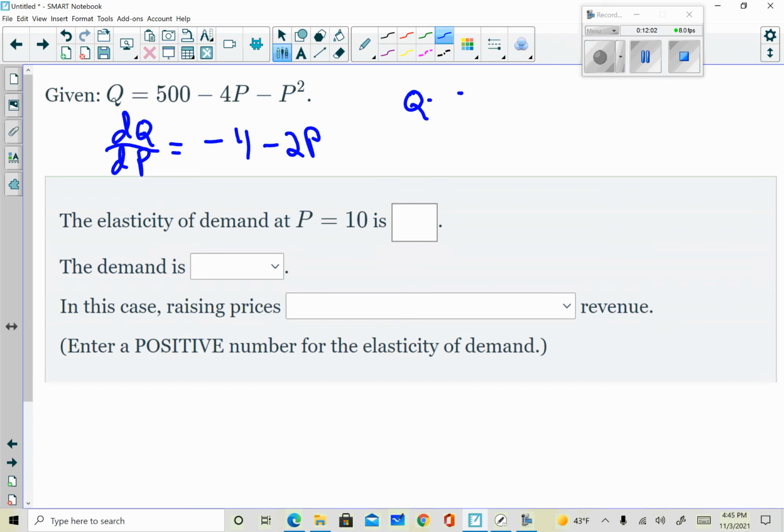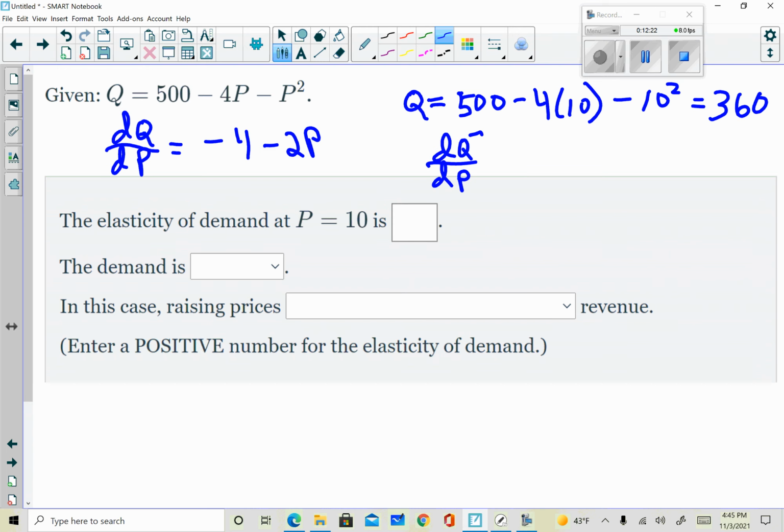Q when p is 10 is 500 minus 4 times 10 minus 10 squared, which is 360. We also need the derivative of q with respect to p when p is 10, and that would be negative 4 minus 2 times 10. That's negative 24.